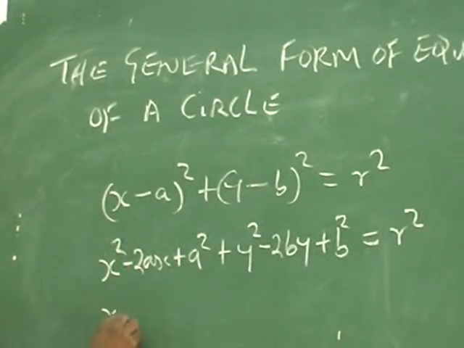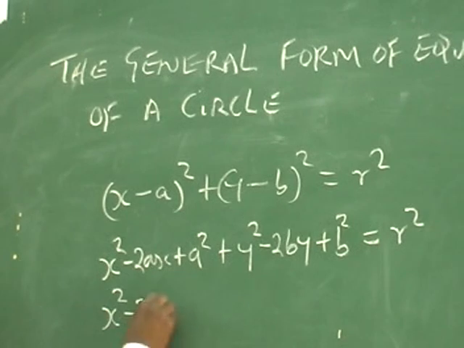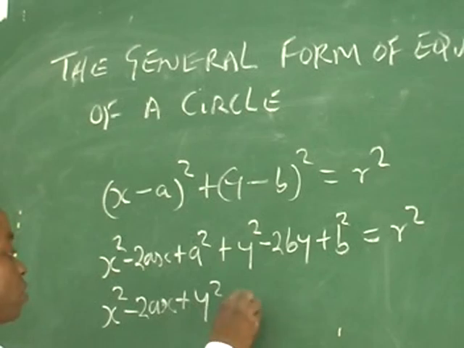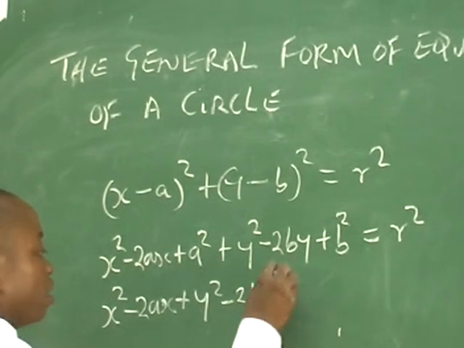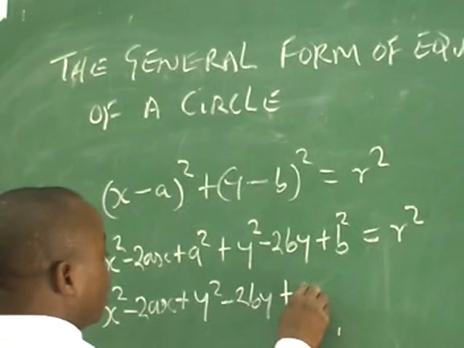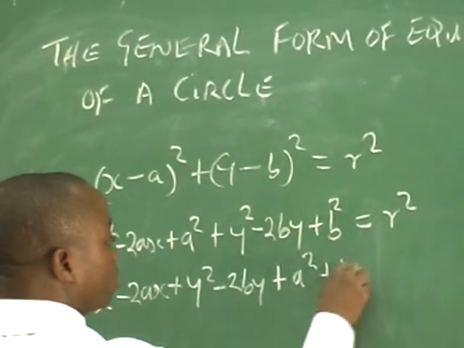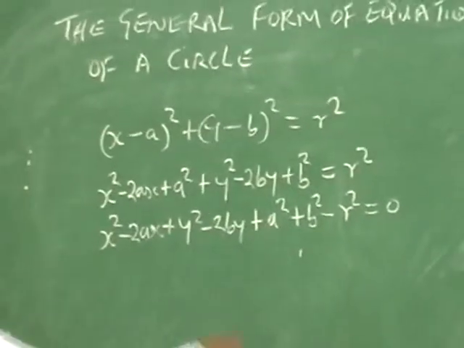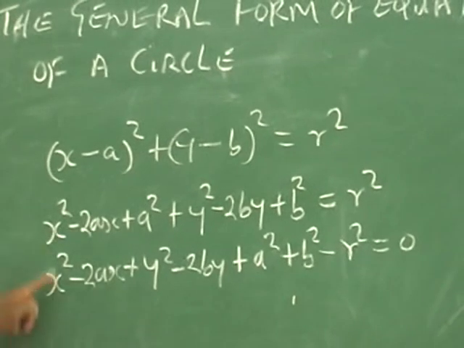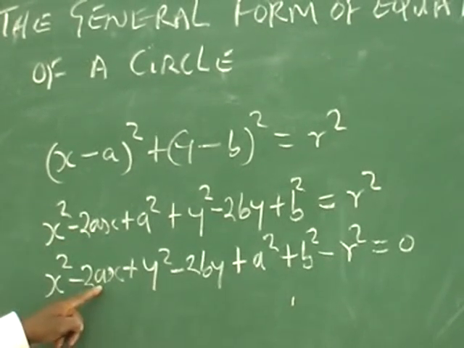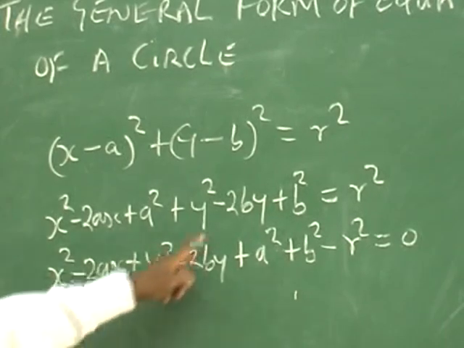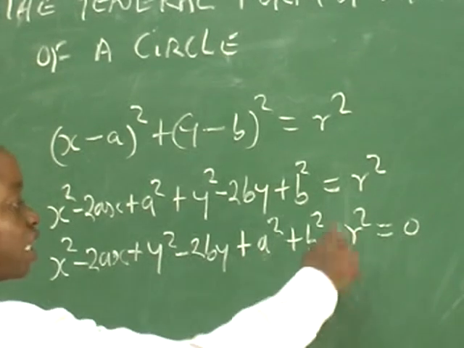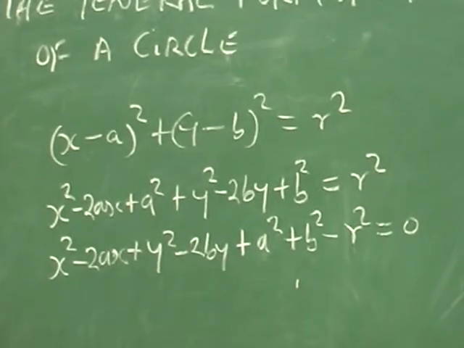Now you can write it as x squared minus 2ax plus y squared minus 2by plus a squared plus b squared minus r squared equals 0. I'm bringing r squared this way. Here a squared, b squared, and r squared are constants, they are numbers.